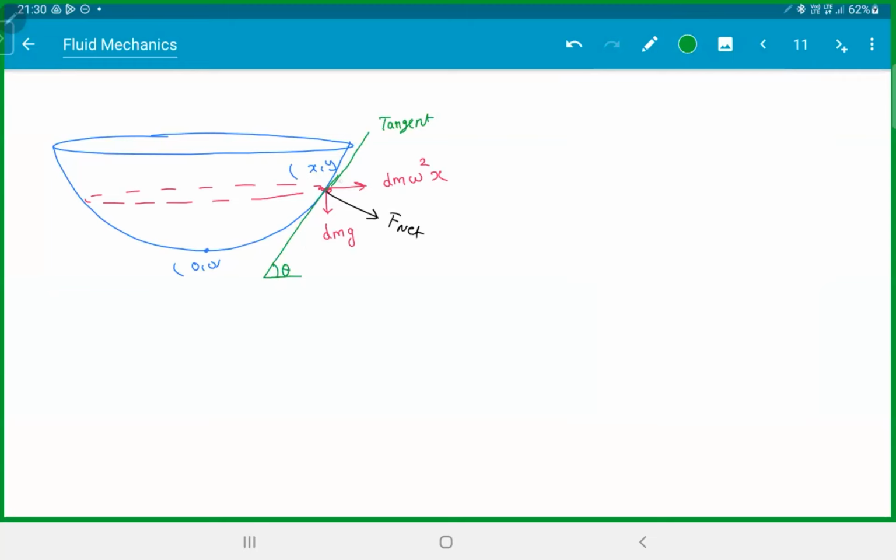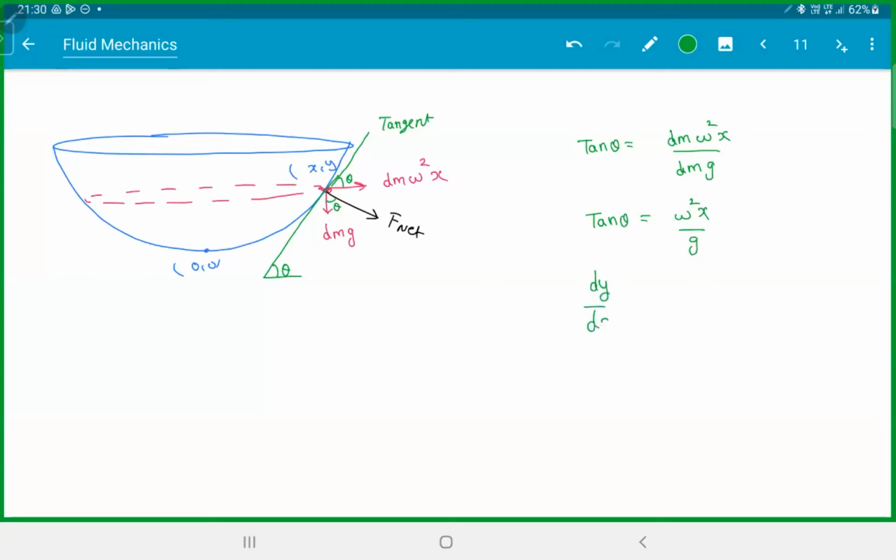If that is theta, this is theta, and this is theta. So we get tan theta is equal to dm omega square x by dm g. dm will cancel. We get tan theta is equal to omega square x by g. And we know tan theta is nothing but the slope of the tangent. Right? You got it.